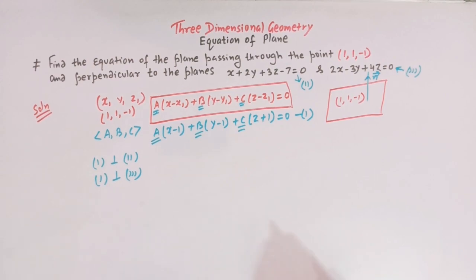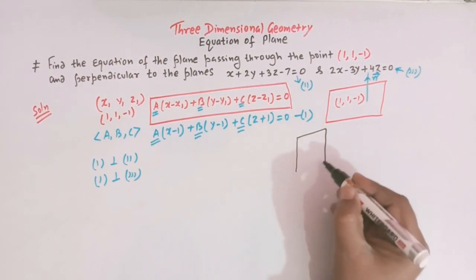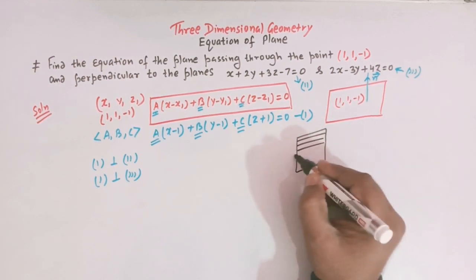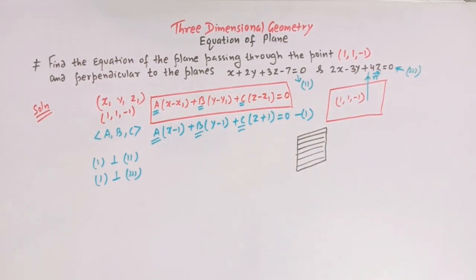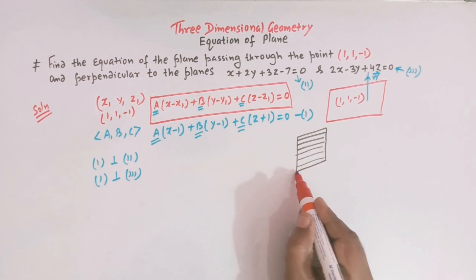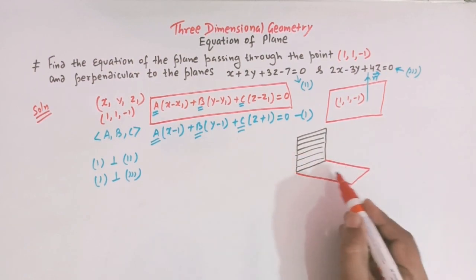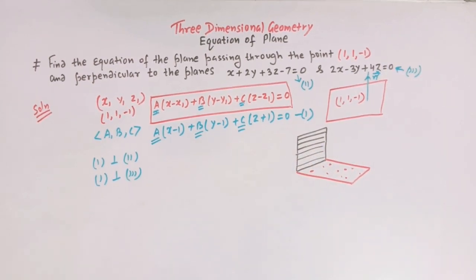So now let us consider here two planes, right? So let us take the rough diagrams here. Suppose this is one plane, and let us take another plane like this, right? Suppose we have this plane, and suppose these two planes are perpendicular to each other, right?